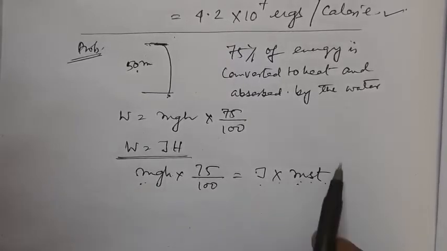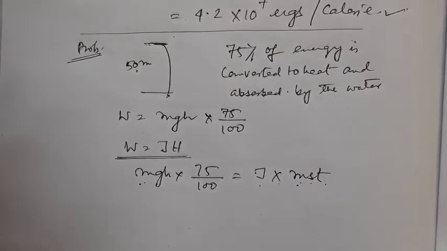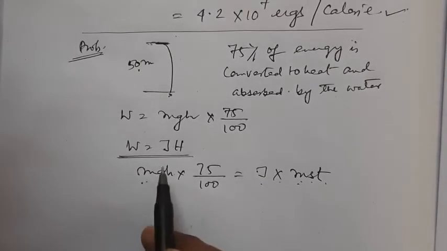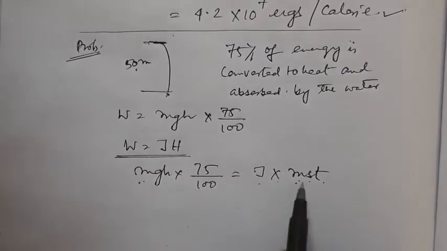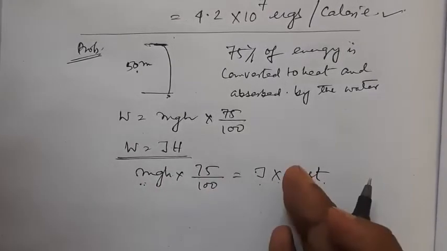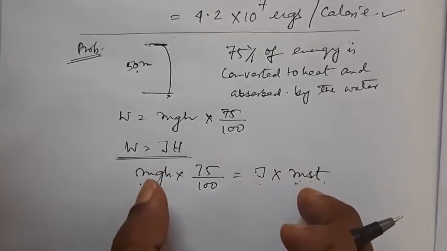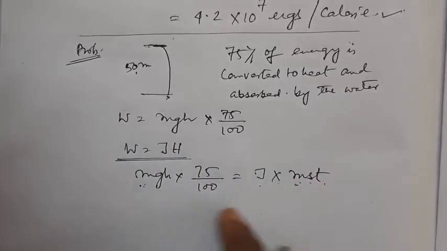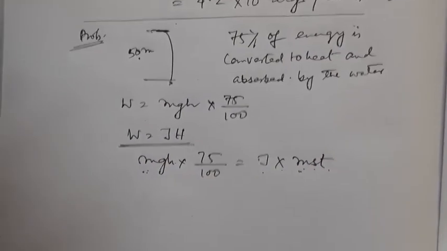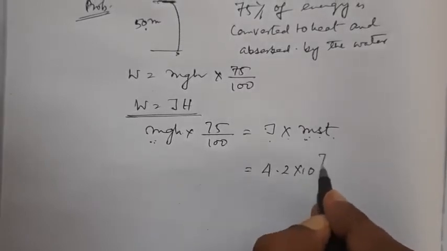You cannot cancel these two m's, because one is in CGS units and one is in SI units. So to prevent the mistake, we have to do the problem totally in the CGS system. So we will replace J as 4.2 times 10 to the power 7.